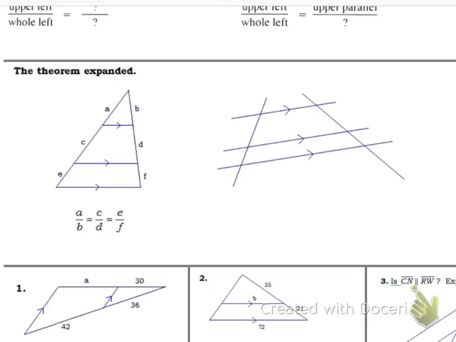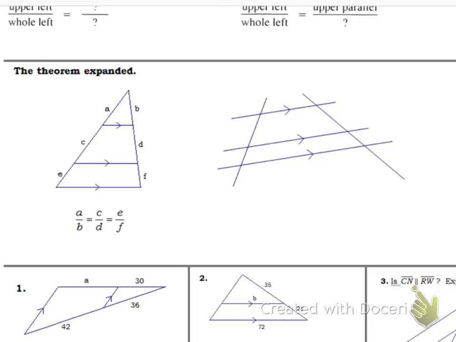All right, we can also transfer this over to if I have three parallel lines, like here, and it doesn't have to form a triangle. I have two transversals just angled towards each other. Note, eventually this would make a triangle, but if I have three parallel lines cut by two transversals, what numbers did I pick for these?